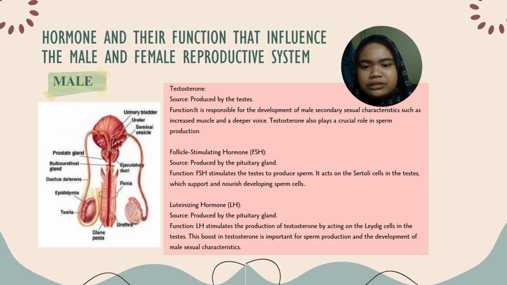And the last one is luteinizing hormone or LH, produced by the pituitary gland. LH stimulate the production of testosterone by acting on the Leydig cell in the testes. This boosts in testosterone is important for sperm production and the development of male sexual characteristics.